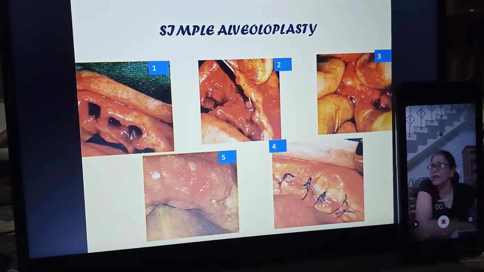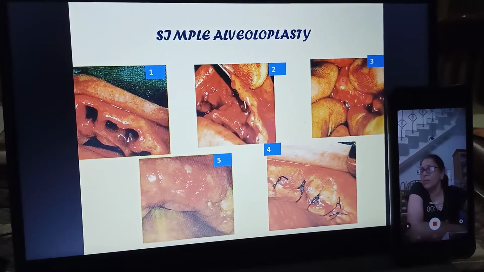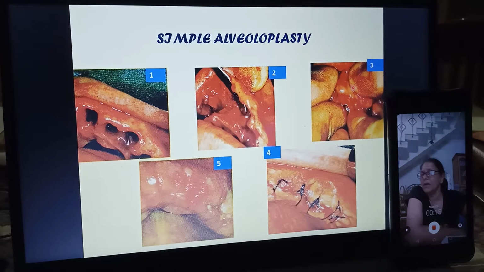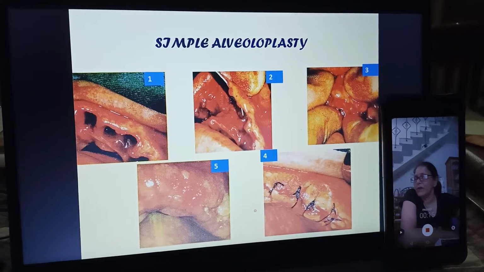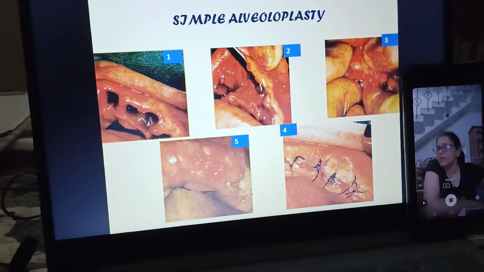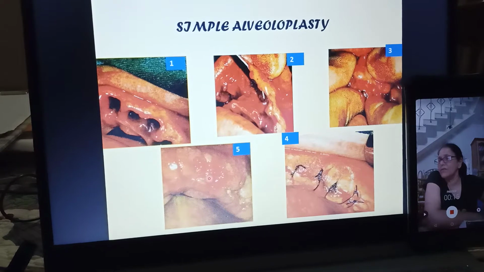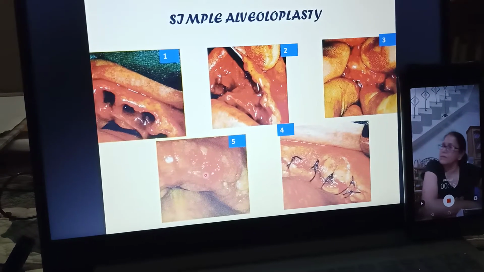Just smoothing is being done, following which a digital compression is achieved of the buccal and the lingual cortices, following which the primary closure is done, and that is the post-operative healing of the alveolar ridge after simple alveoloplasty.